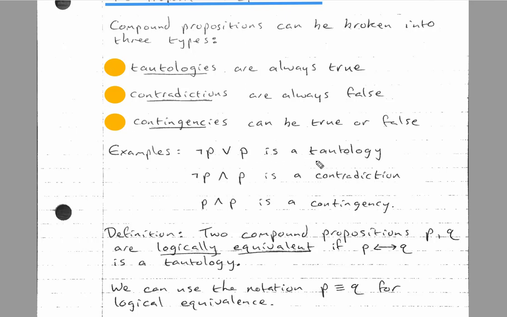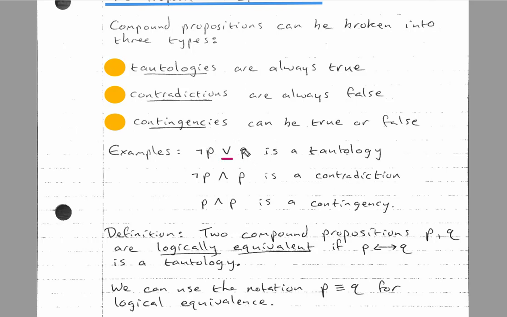So why is that a tautology? Well, P is either true or false, so not P and P are going to have opposite truth values. One is true and one is false. And then the OR operation is true if one of these is true, so they're not both false.